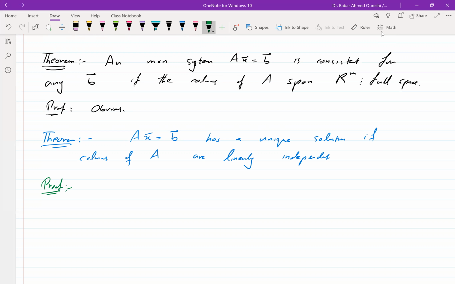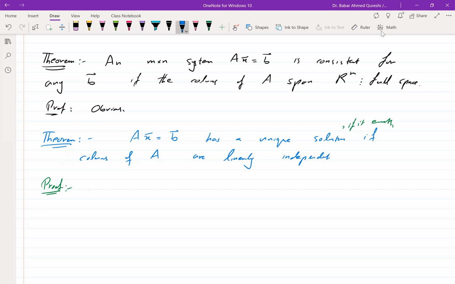So you pick a particular B, it has a unique solution if it exists, if columns of A are linearly independent. So we are assuming that this equation has a solution, it's consistent. If it's consistent, it will have a unique solution if columns of A are linearly independent.